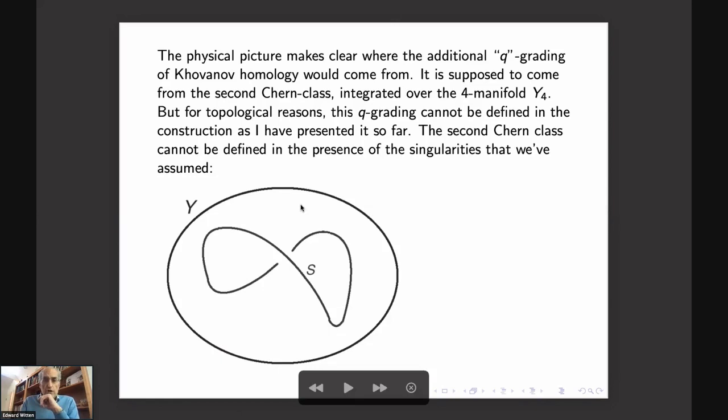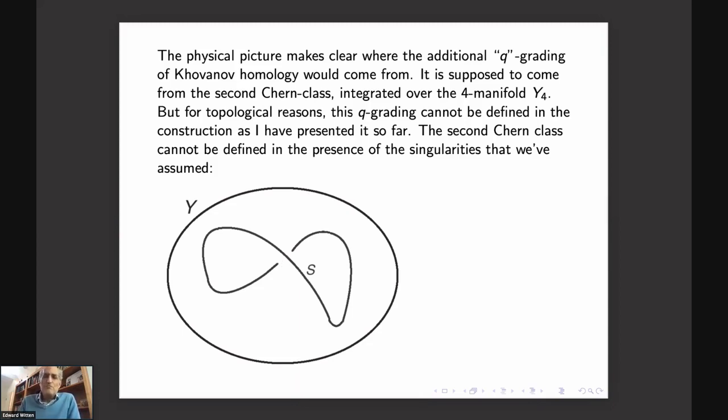Roughly, an instanton, well, first of all, there's instanton bubbling. An instanton could shrink to a point, but we could prevent that from happening. But we can't prevent instanton bubbling if the bubbling occurs along S. I've cheated, but anyway, it's true topology. I shouldn't have mentioned instanton bubbling.